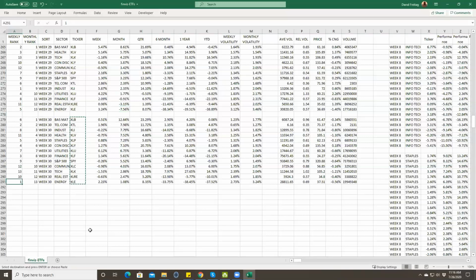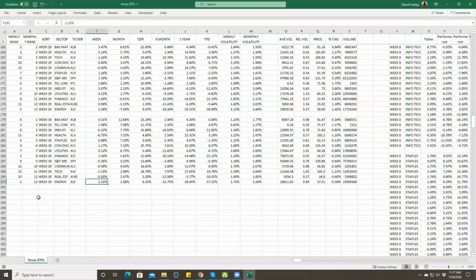And this week it surged all the way to the top. So that tells you that there was an opportunity in energy last week. And even though the overall market was down, the SPY was down a little more than 0.25% for the week, energy was up, so it outperformed the overall market.